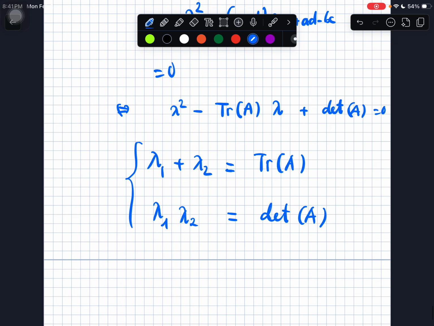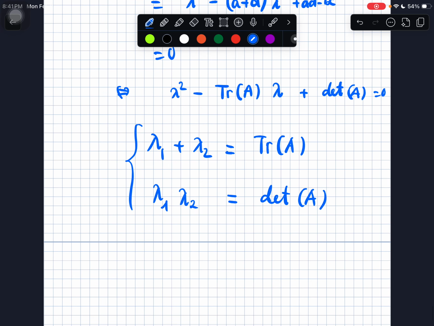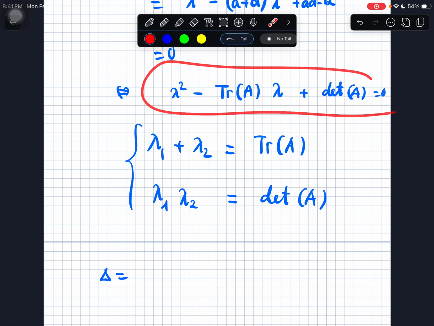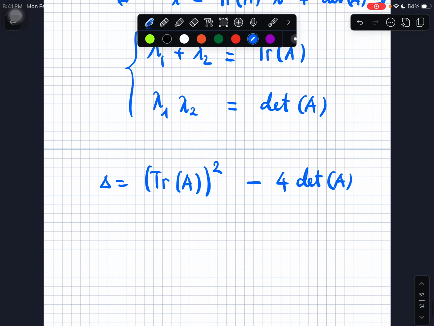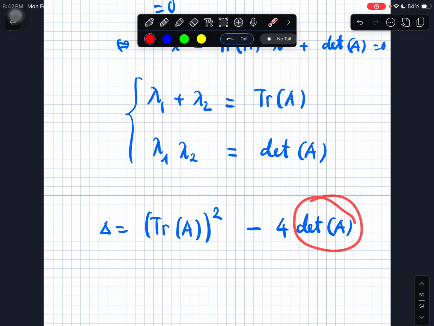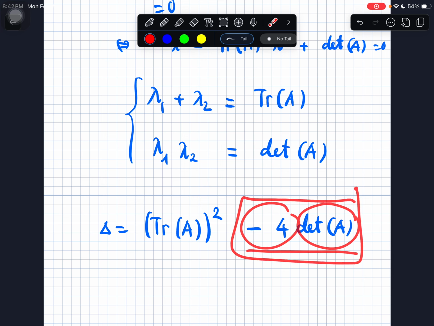So if we have the determinant is negative, so delta of this quadratic equation is trace of A squared minus 4 times determinant of A. So if the determinant is negative, negative times minus 4, this is positive.